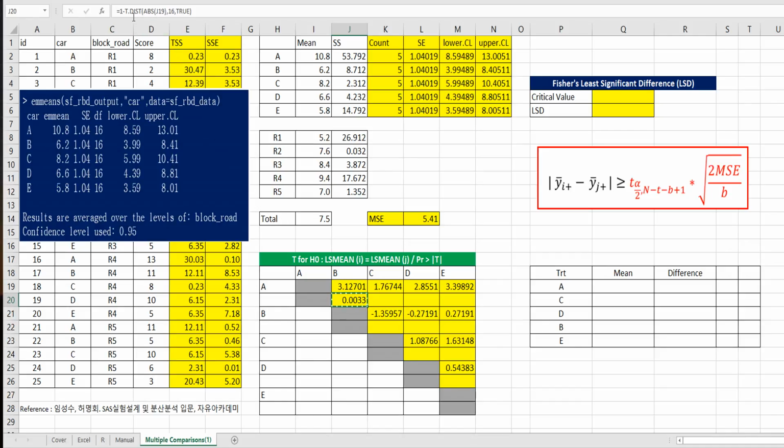In this case, we need to use 2 times that, because we consider a two-sided test.